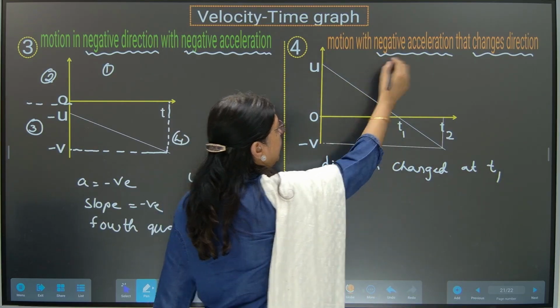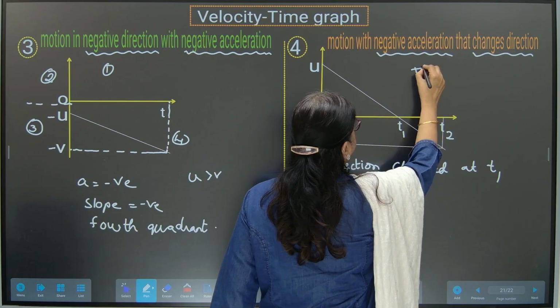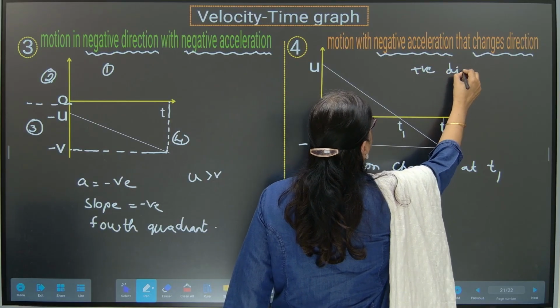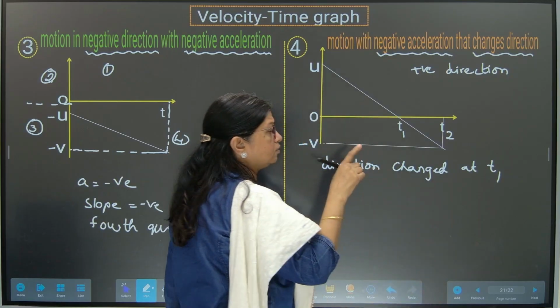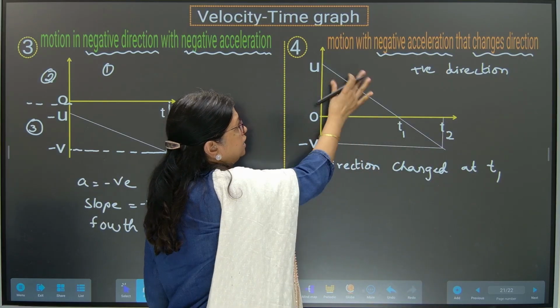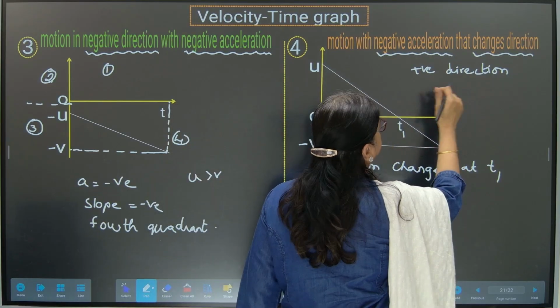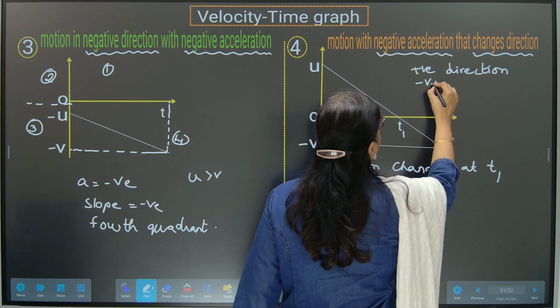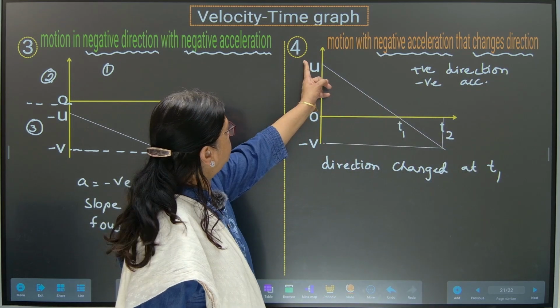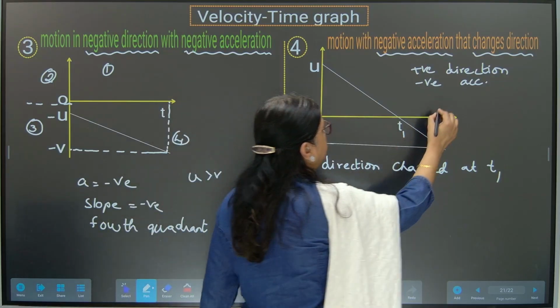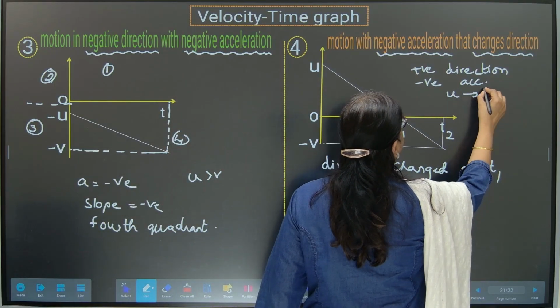Okay. What was the direction first? Positive direction. That's why we drew the graph in the first quadrant. So this much portion is positive direction, negative acceleration. Agreed? From here to here. What is the path? u to t1.